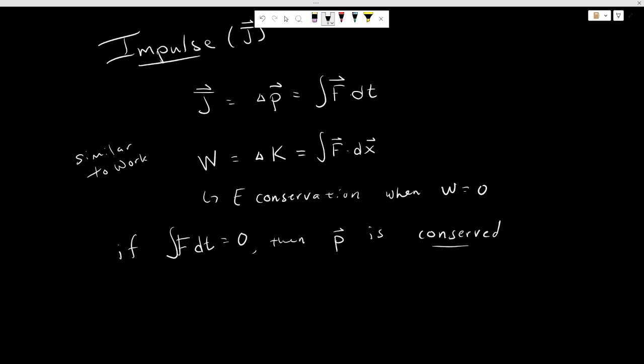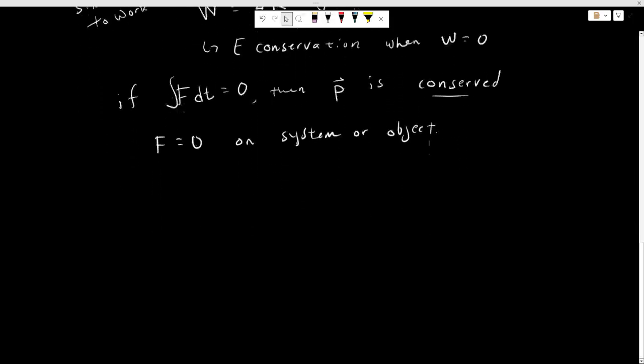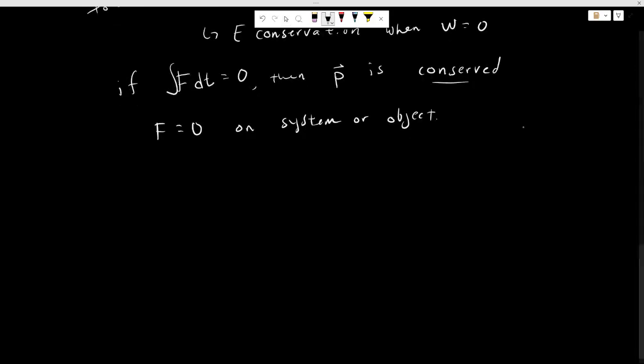So if the integral of F dt is 0, then p is conserved. And what this means is F is 0 on our system. And this is just Newton's first law, right? This is Newton's first law.